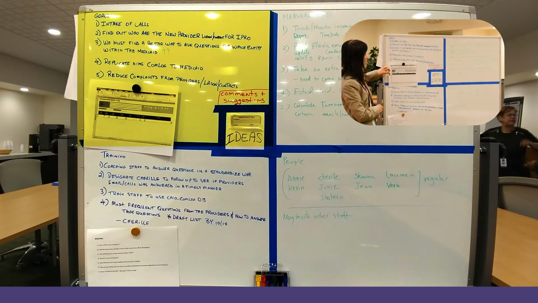So we introduced that idea to Medicaid, and Medicaid is going to make a new database communication log. So we get to track the calls, and not just the calls, but communications, because there are emails, sometimes there are faxes, and there are job zones. There are multiple communication modalities. So that's where we are.